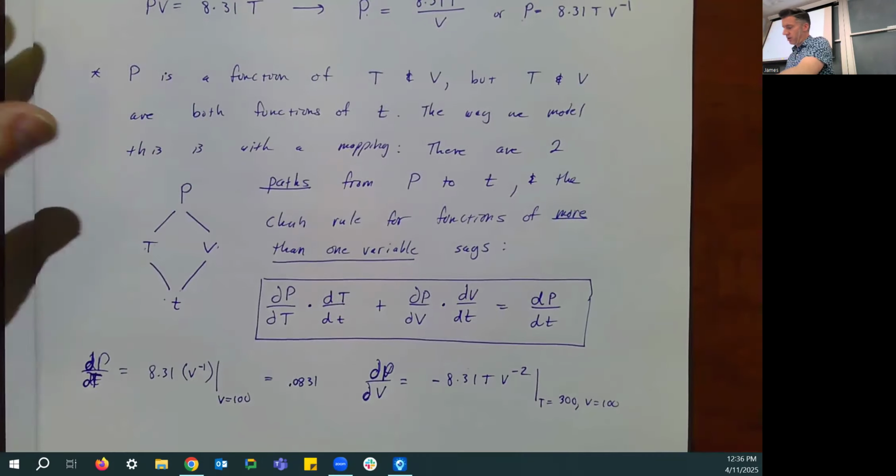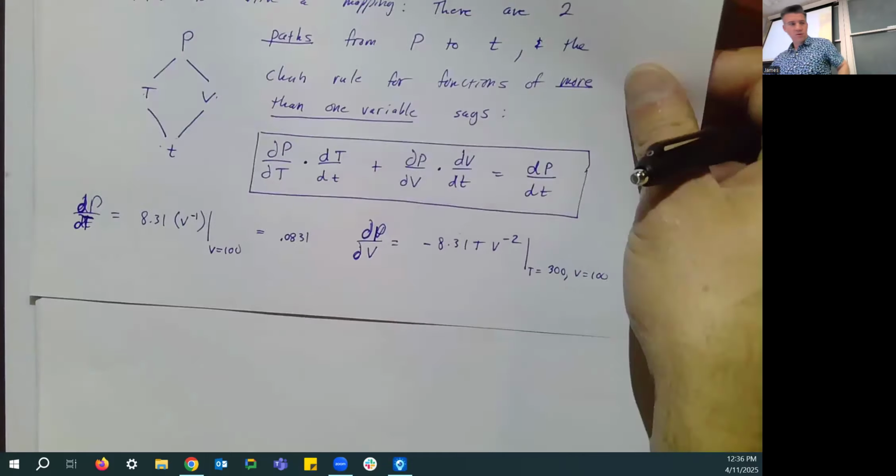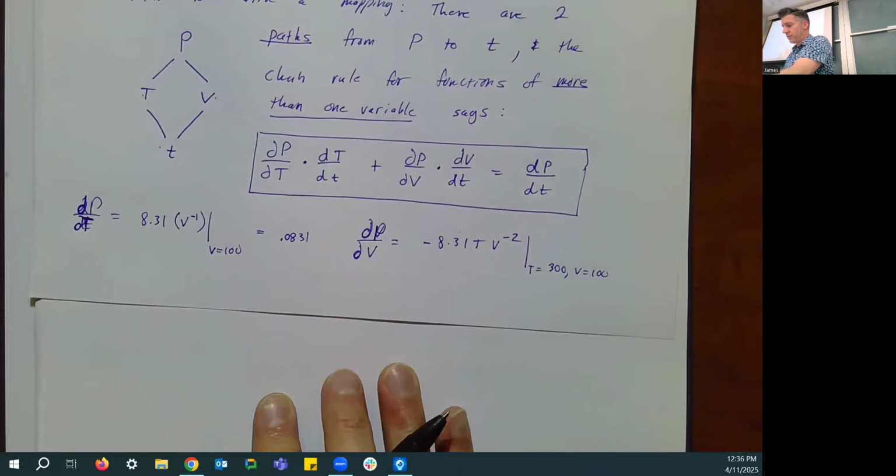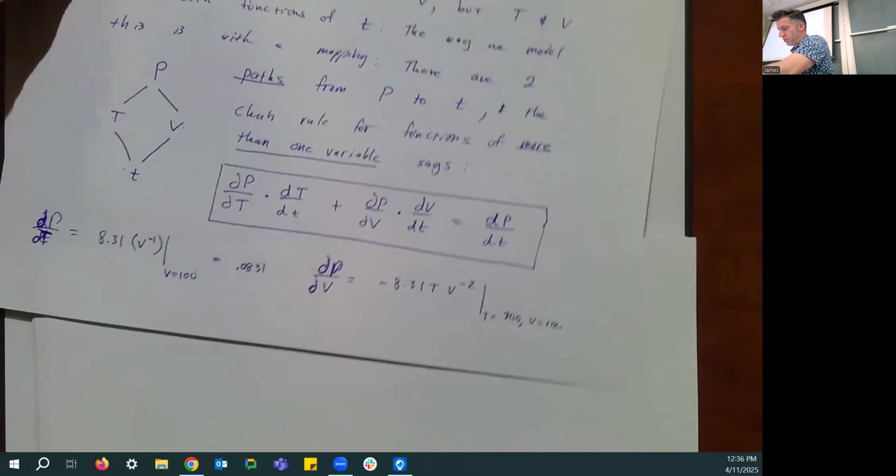So writing it all down, we're going to get the following for the actual derivative that we want to find.